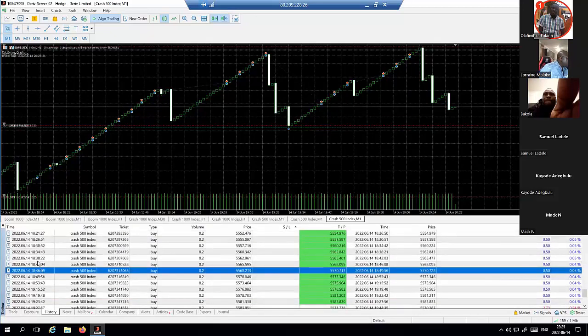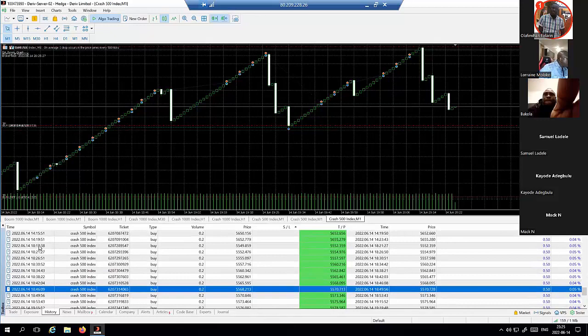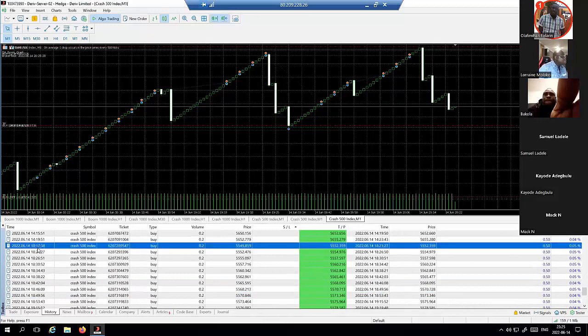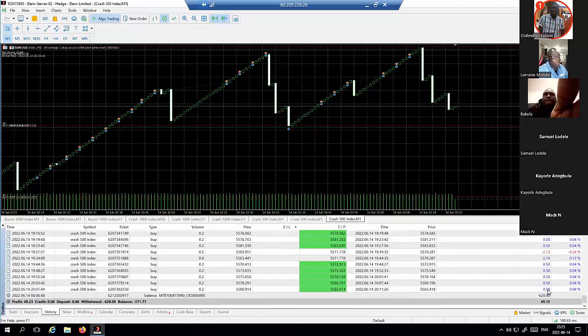Okay, see, from 18, because that is 17:30, that's about 5 something. So from 18, about 17 minutes past 6. Look, the second chart has kept on giving me income till now. So that is just the logic.